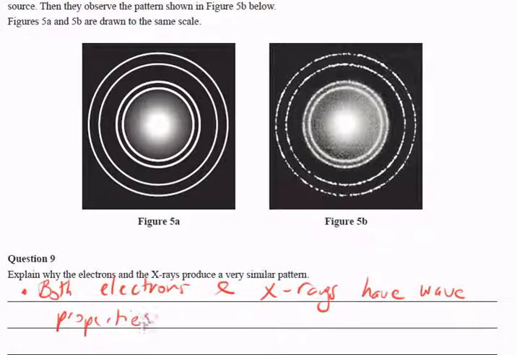Both electrons and X-rays have wave properties, and that is why they both make an interference pattern in the first place. In this case the interference patterns look like they're the same size.